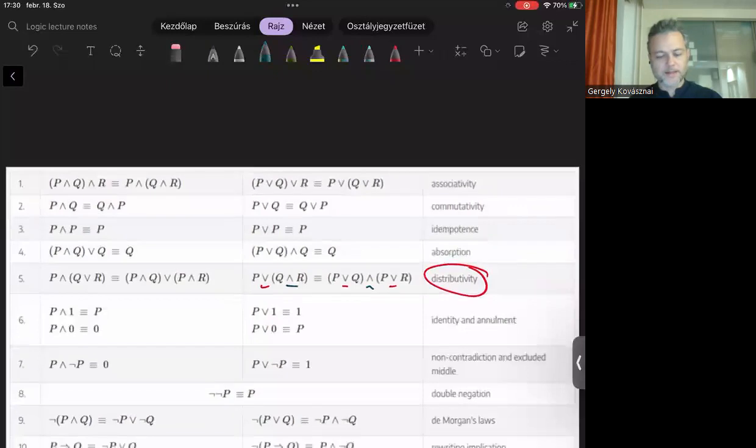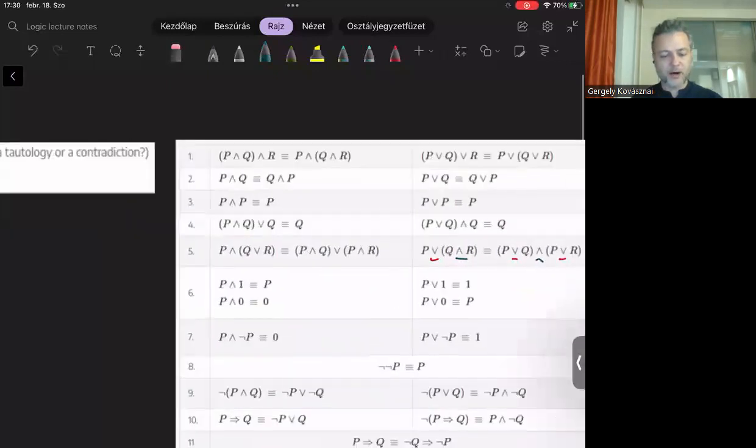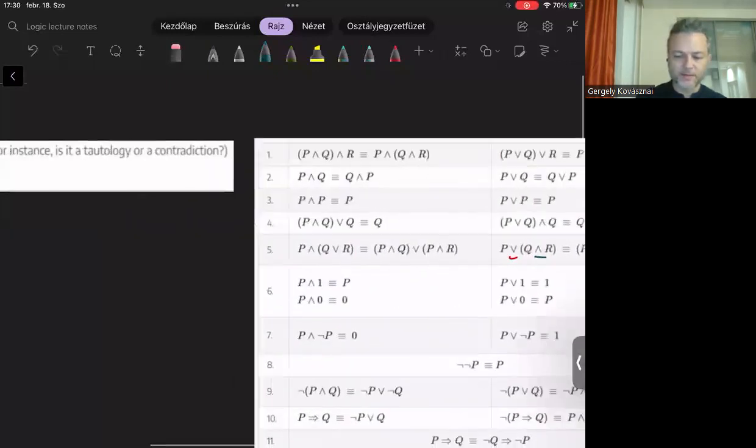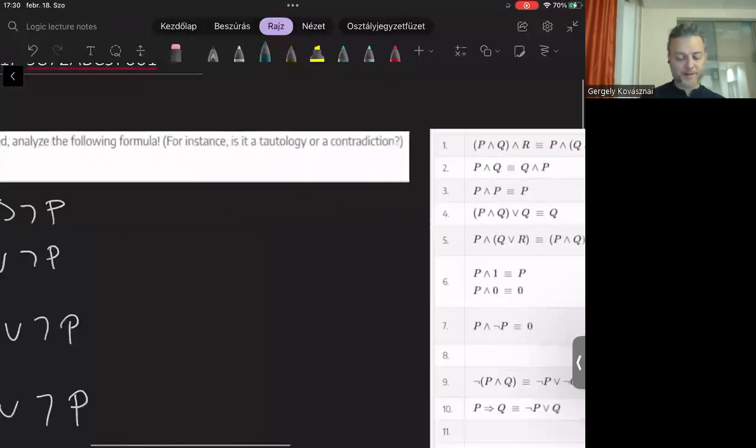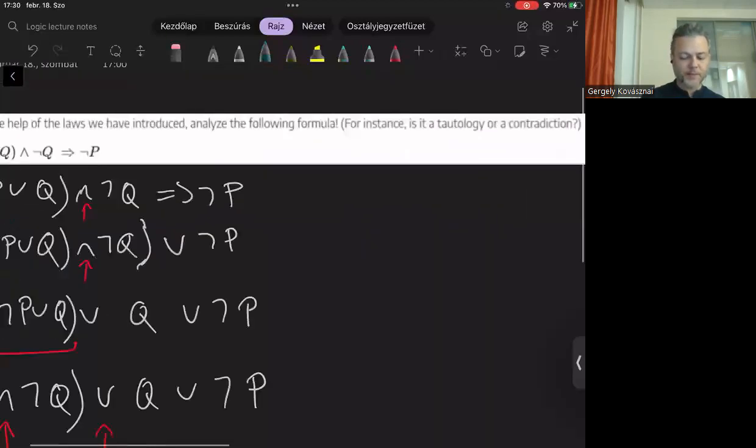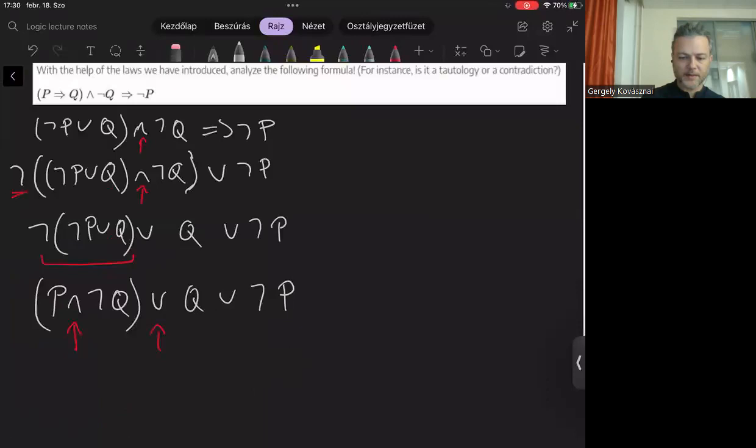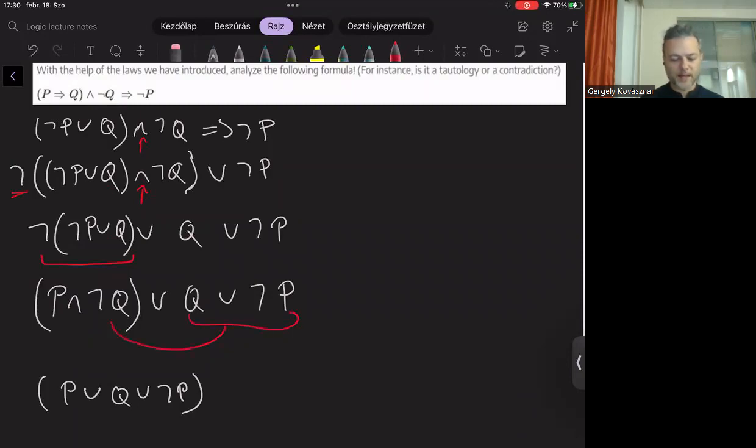Anyway, let's apply this law of distributivity here by forming pairs. Okay, the first pair can be formed like that. So we are going to form this pair and get P or Q or not P. And in a similar way, we are going to form another pair, not Q, with this guy.